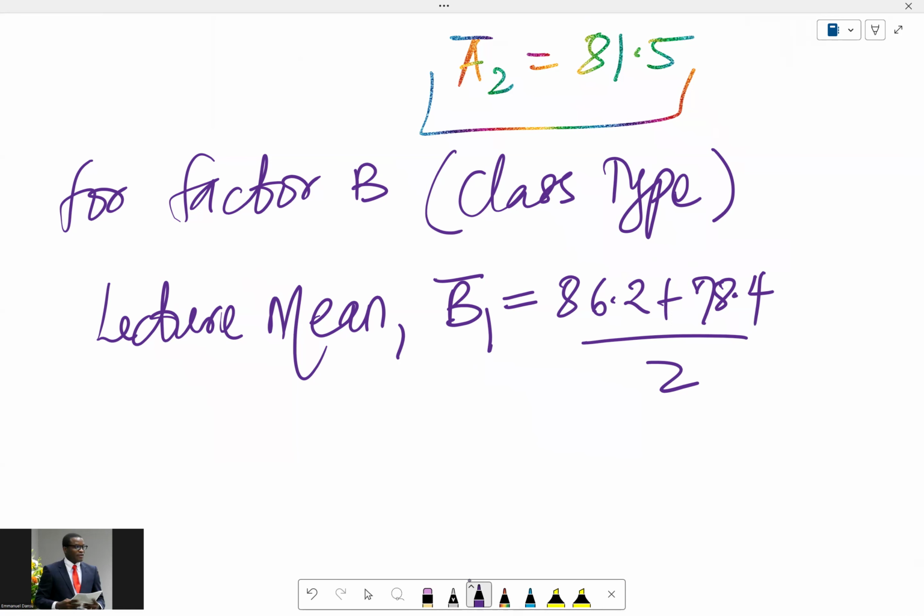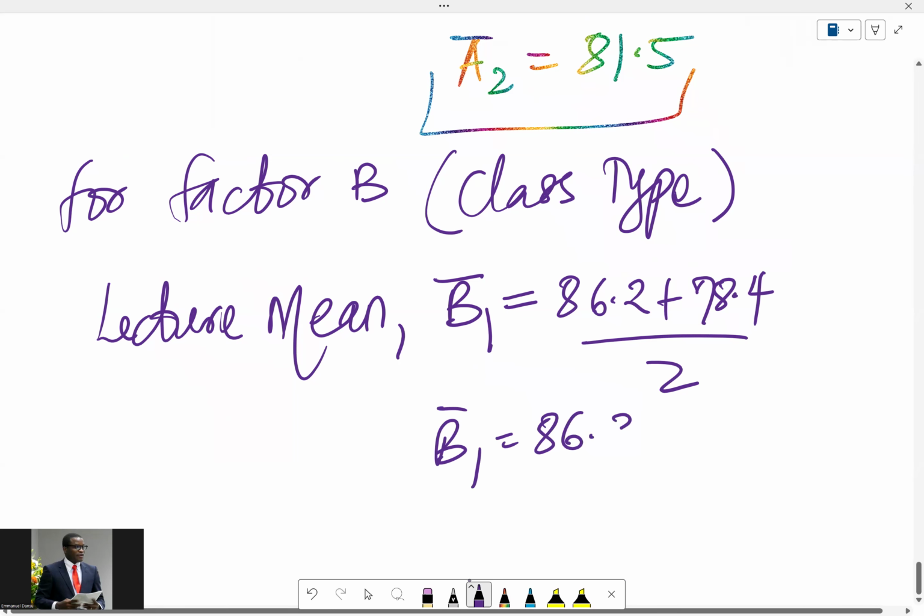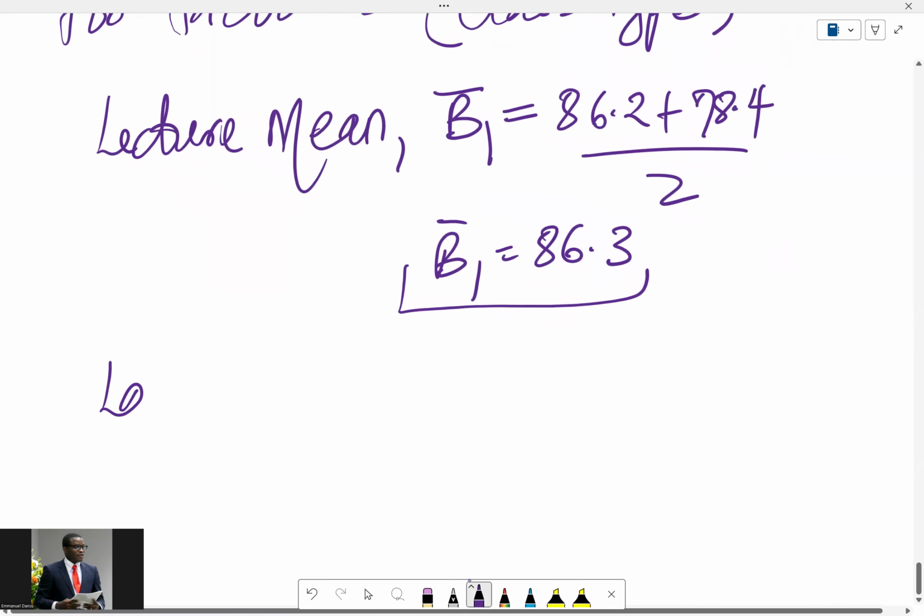So this is 86.2 plus 78.4, and that is 86.3. So B1 bar is 86.3. Then we can also have lab mean, that'll be B2 bar.